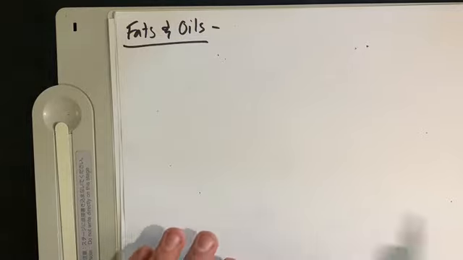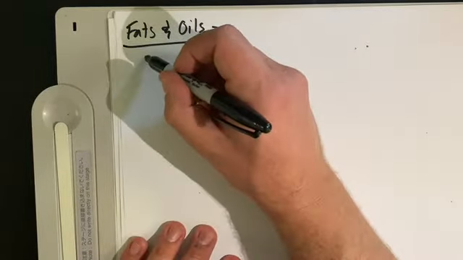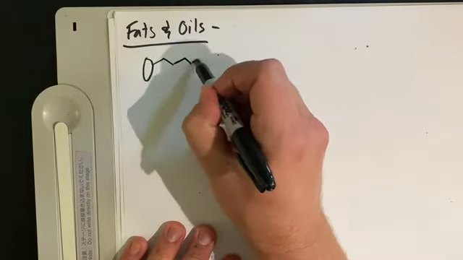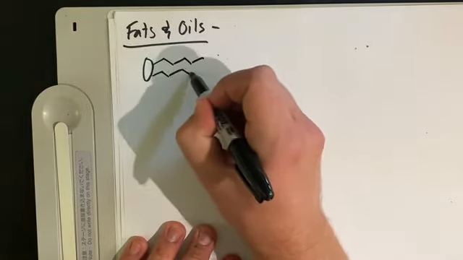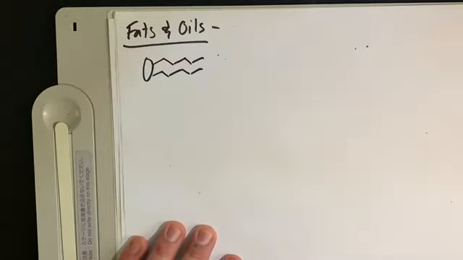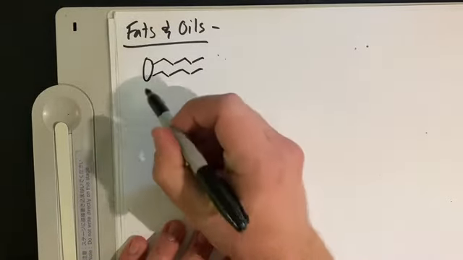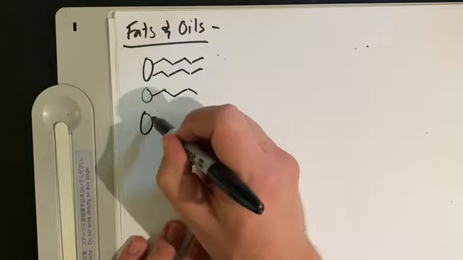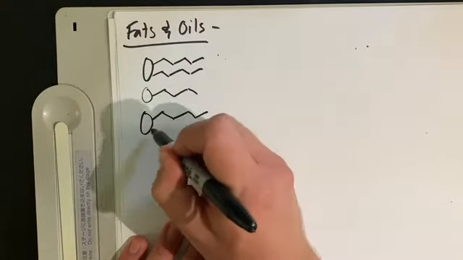And fats are interesting because what they will look like as a molecule is they'll have what we call a head, and then it will have these tails. And so they kind of look like this. Sometimes you can have a fat with only one tail. Sometimes you can have a fat with 3 tails.